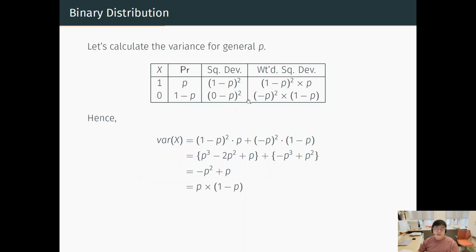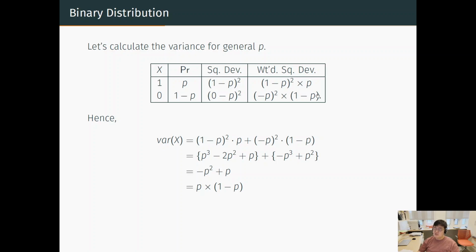Now, what about the variance? We just do the same algebra with unknown p. Not a problem, because the mean was p, the deviation would be 1 minus p or 0 minus p, and you square that, and in the same way we calculate the probability weighted squared deviation, like this, and sum these two.